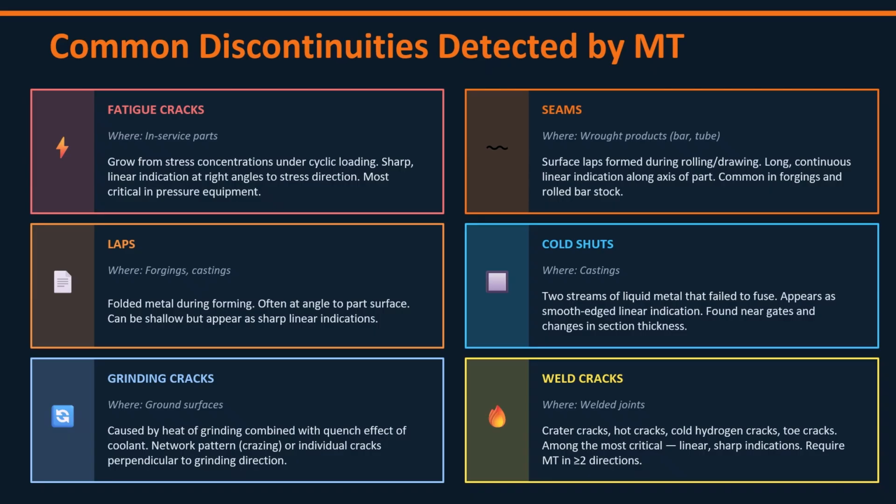The inspector should not try to identify every metallurgical mechanism from the particle pattern alone. MT provides evidence of a discontinuity. Manufacturing history, service history, metallurgy, and complementary NDT may be needed to establish the exact cause. That distinction keeps the inspection technically honest while still allowing the inspector to recognize patterns that deserve immediate attention.